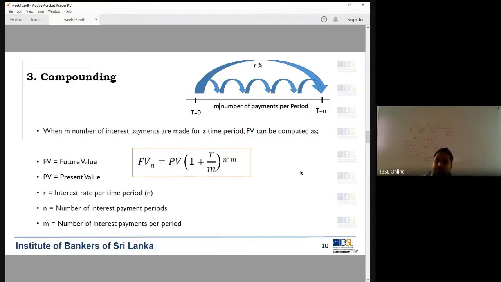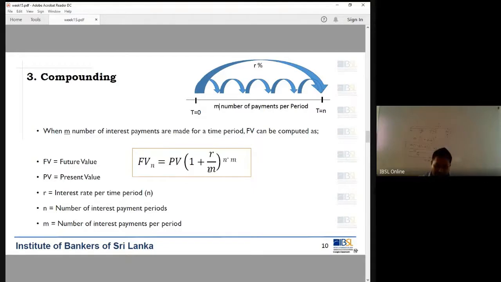So the equation that we discussed so far, that is the future value is equal to present value times 1 plus r to the power n, is going to be slightly modified in this way if we want to calculate the future value after n number of time periods. What have we done here? Previously we had future value equals present value times 1 plus r to the power n.